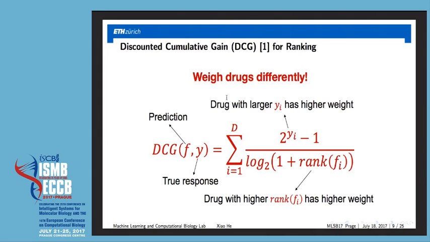So this is the sum over all the D drugs of this term. The numerator means that if a drug has a higher value, it will have a higher weight. The denominator means that if a drug is ranked higher, it has a higher weight. So intuitively, if a drug has a higher drug response value and is ranked higher, you will have a larger gain. So this is a gain function.